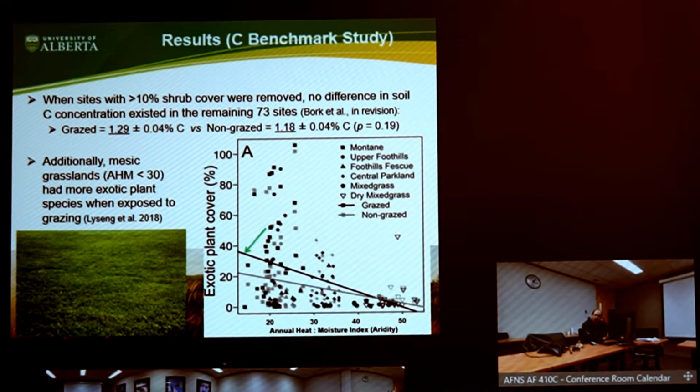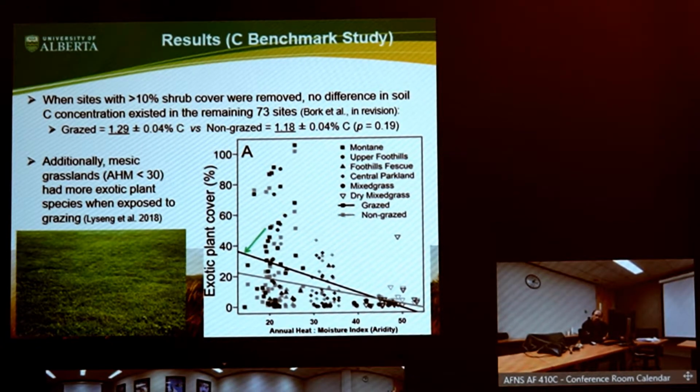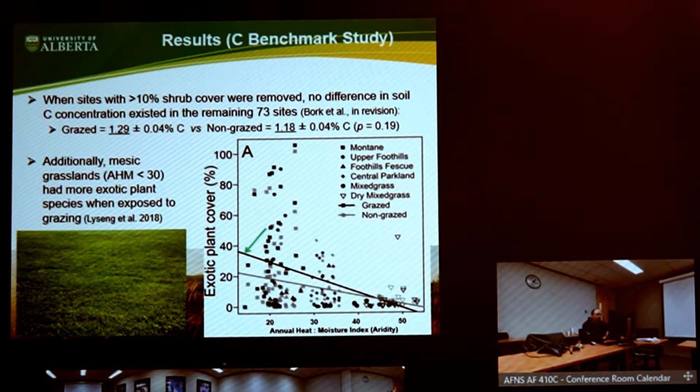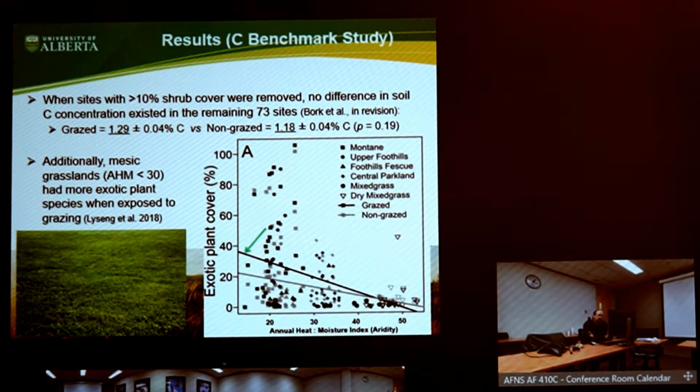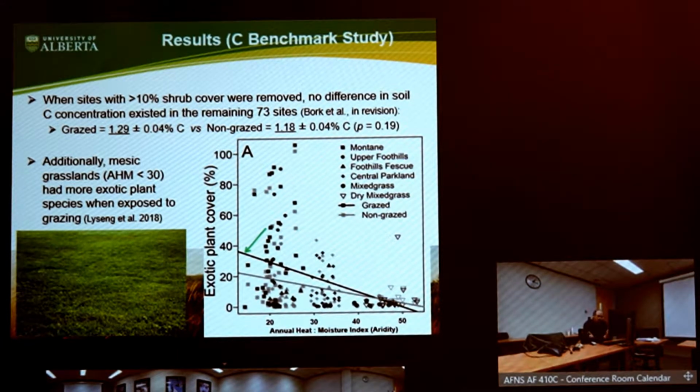And by exotic plant cover, I mean species like Kentucky bluegrass, smooth brome, white clover and alsike clover. So some of them are valuable agronomic species that are having a footprint. You can see that green arrow basically pointing to that 10 to 20% in exotic plant cover, particularly in the wetter parts of the province.